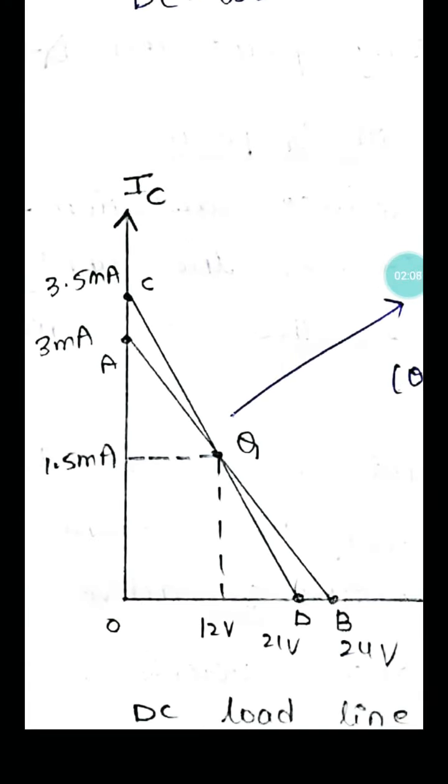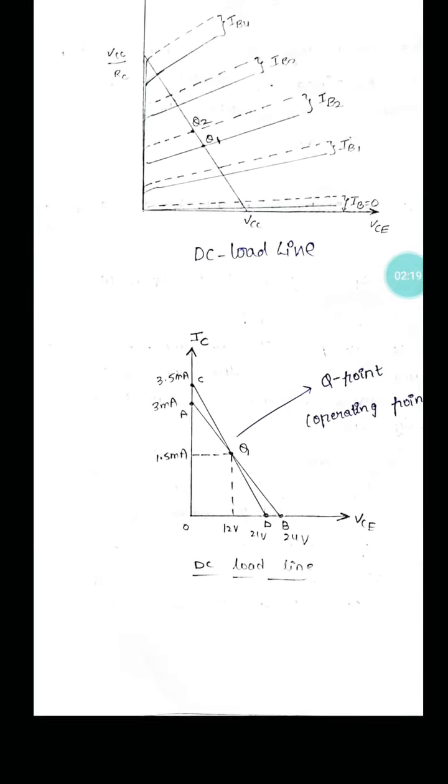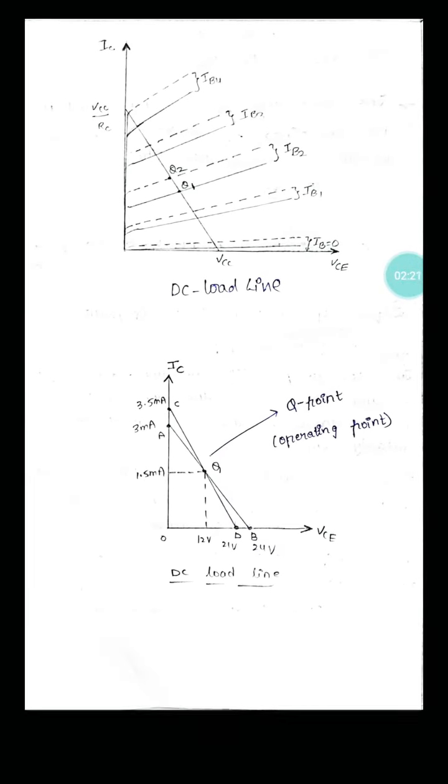This is one line. You may get just 3.5 milliamperes and this B, and the intersection point is also called Q point. Now based on this diagram we can notate this Q point.